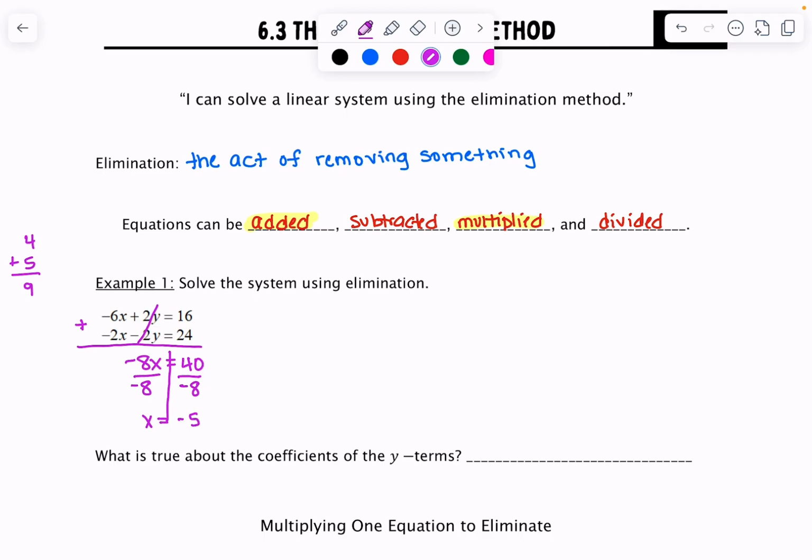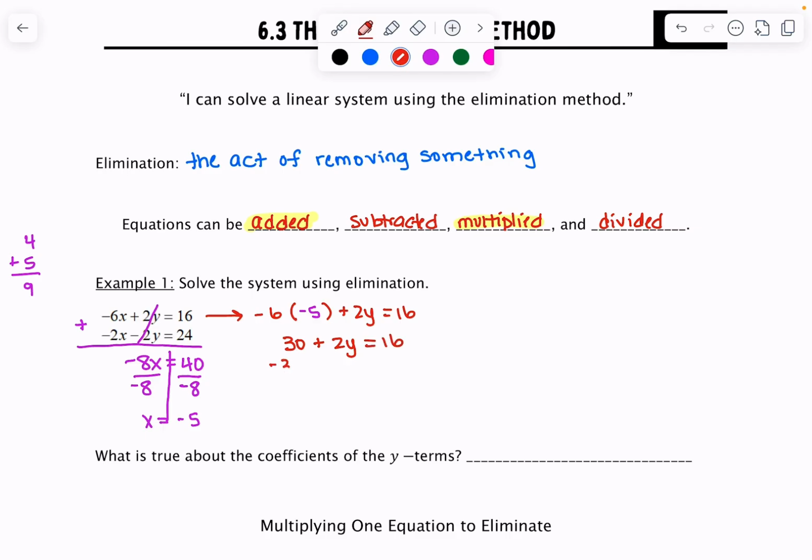Now, just like in the last two lessons, systems have two answers. So when I get x equals -5, I'm going to take the top equation, but instead of saying -6x, I'm going to say -6 and plug in -5 for my x value. Plus 2y equals 16. I'm going to solve this and get positive 30 plus 2y equals 16.